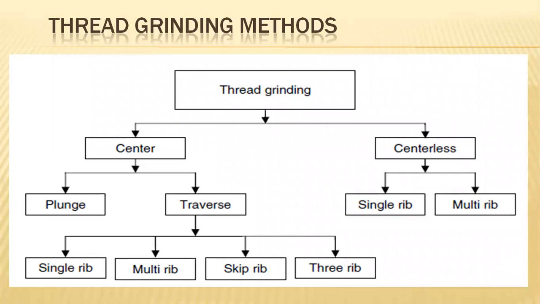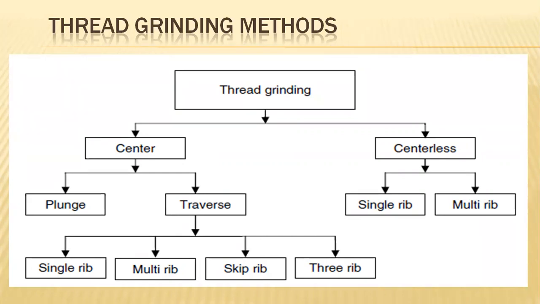See here, coming to the classification of thread cutting process, thread cutting through the grinding process, we constitute this as the thread grinding process. It is subclassified into two groups: center grinding process and centerless grinding process.